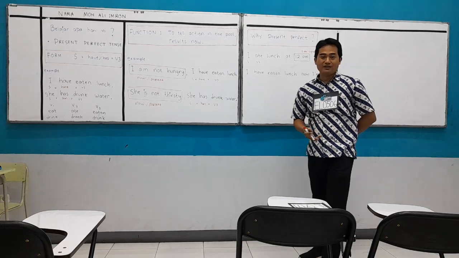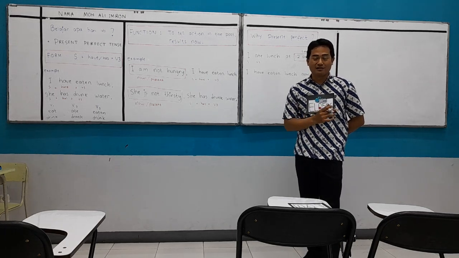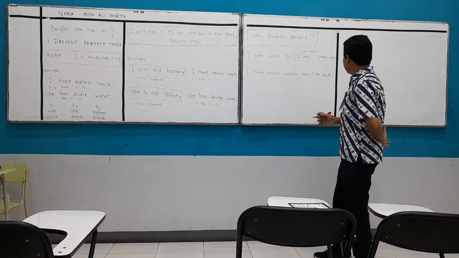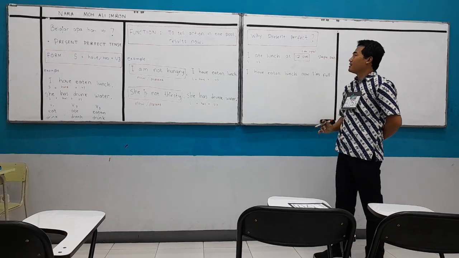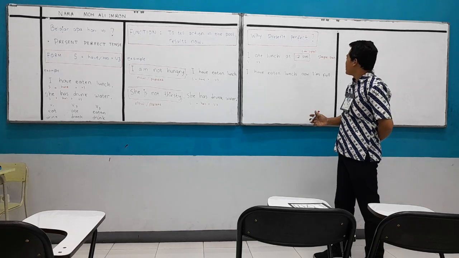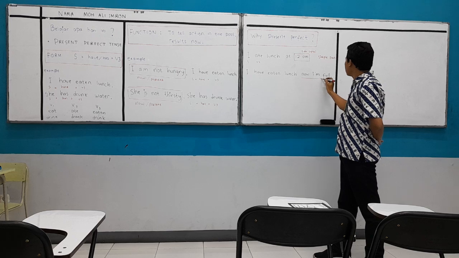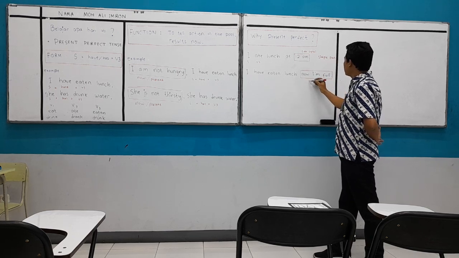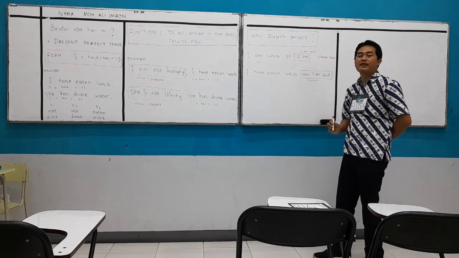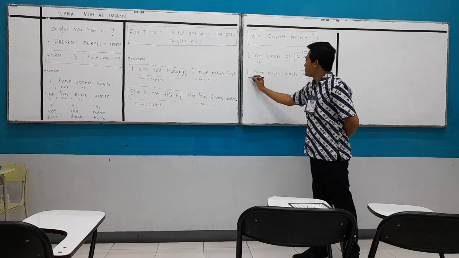Always, when we say something in simple past, we use a time signal. And then the second sentence is present perfect. Why do we use present perfect? Because we want to focus on this condition, which is in the present.